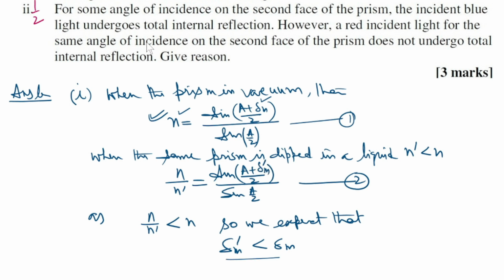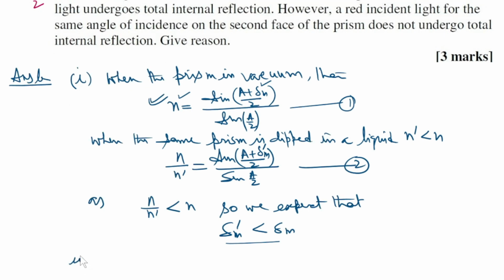Now the answer to the second subpart. In this question it is given that incident blue light undergoes TIR. However, red incident light for the same angle of incidence on the second surface of the prism does not undergo TIR. What is the reason for it?